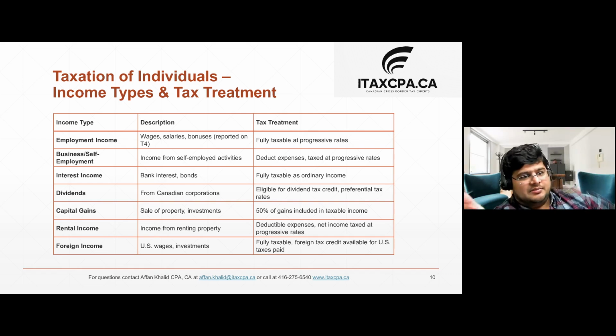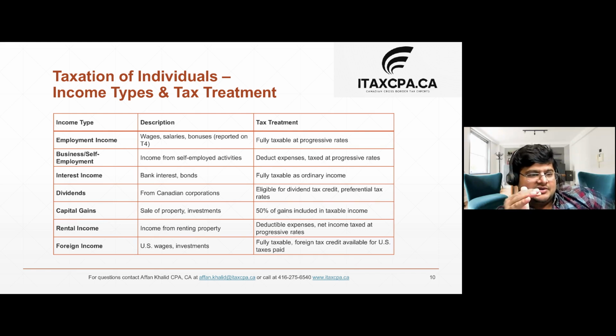That income is also fully taxable as ordinary income and taxed at the progressive tax rates. However, you are allowed to deduct any expenses incurred to earn interest income, or for that matter, any investment income. If you earn investment income, and you happen to pay fees to an investment advisor or any interest on a loan borrowed to make the purchase of the investment, you're allowed to deduct those expenses.